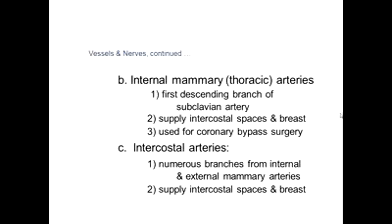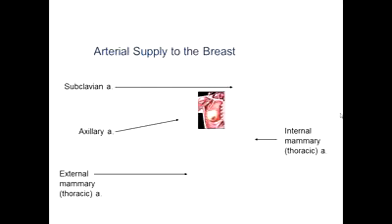The internal mammary artery is the first descending branch of the subclavian; it supplies the intercostal spaces and breast, and is sometimes used for coronary bypass surgery. Intercostal arteries, with numerous branches from the intercostal, internal and external mammary arteries, supply the intercostal spaces and the breast. So that is all the arterial supply to the breast.